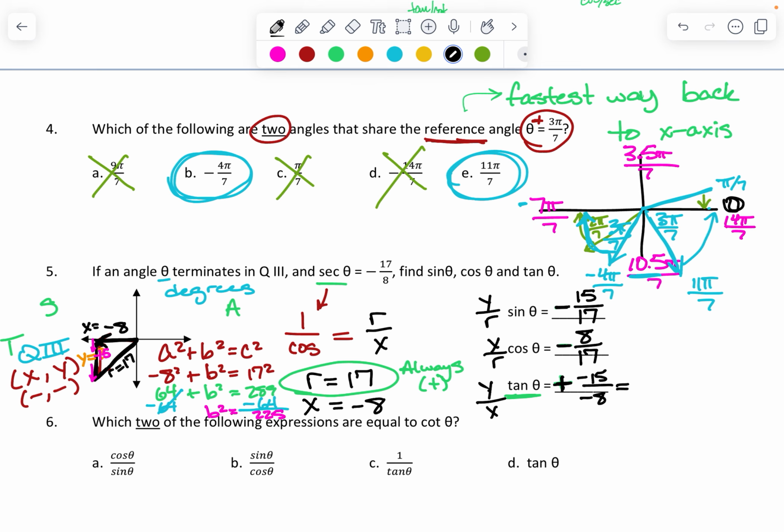Negative over a negative equals a positive. Remember, in Q3, all students take calculus, so tangent will end up being positive because you have a negative y divided by a negative x, and that will give you a positive result.